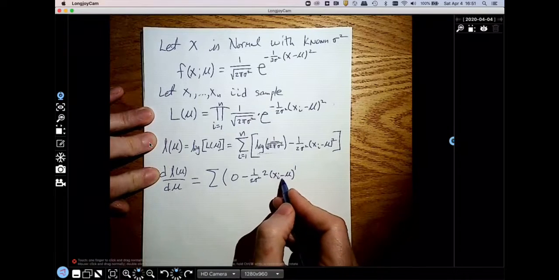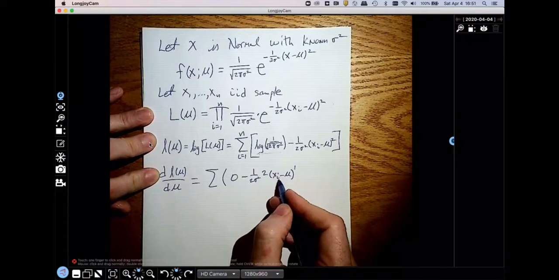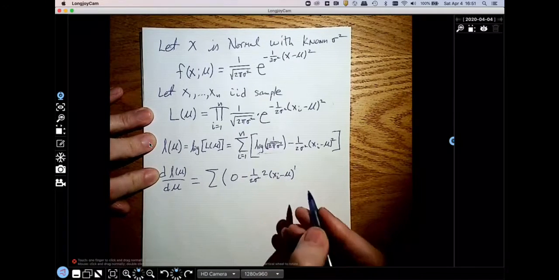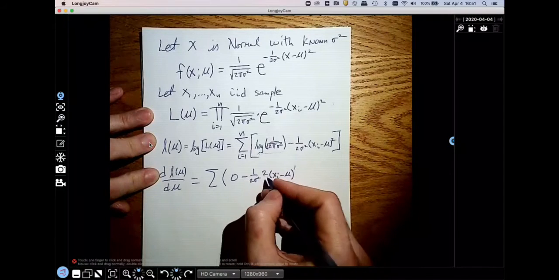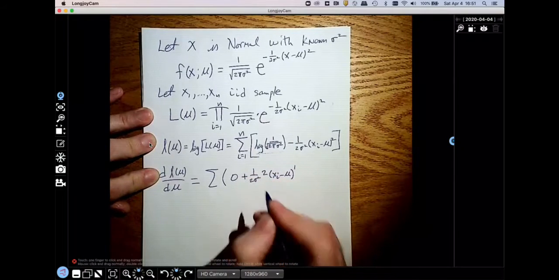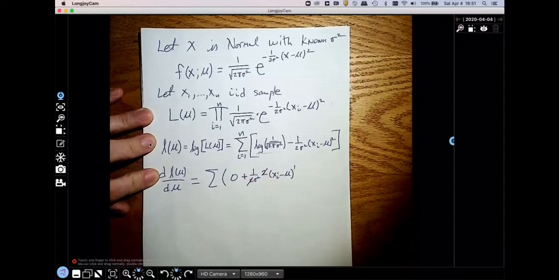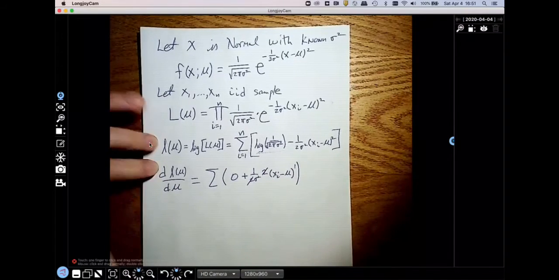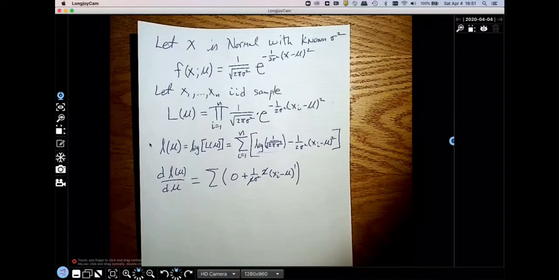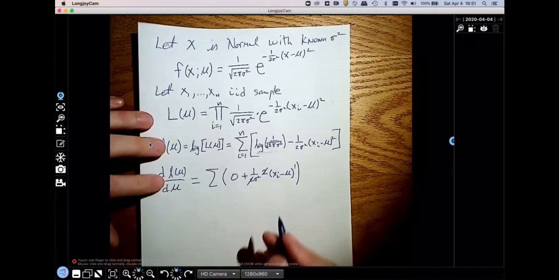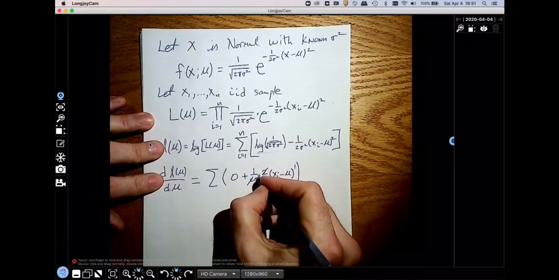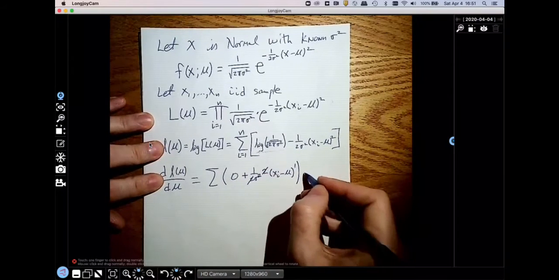So the derivative of the base with respect to mu is just minus 1. So we can think of this as times minus 1. So I'm just going to make that minus a plus. My 2's cross out, and that's my expression. So that's a sigma squared. All right, all of this has to equal 0.